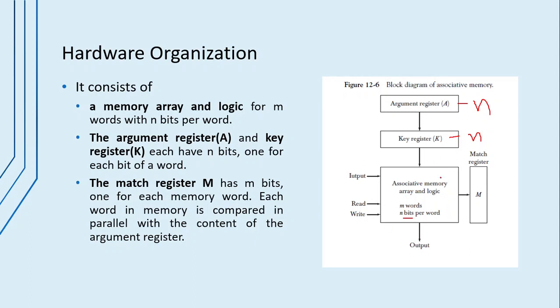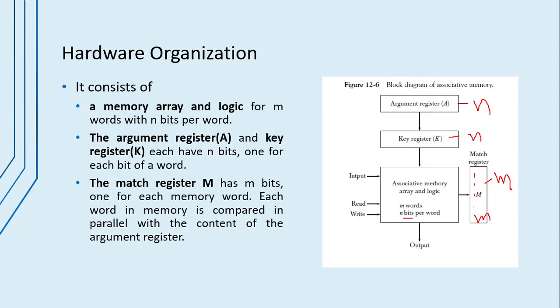If your word size is n bits, then the argument register and K register must be made up of n bits, and the match register is made up of m bits. So the match register has m bits, with 1 bit for each word. If I have m words, then it has m bits, so we have 1, 2, 3, 4 up to m bits.